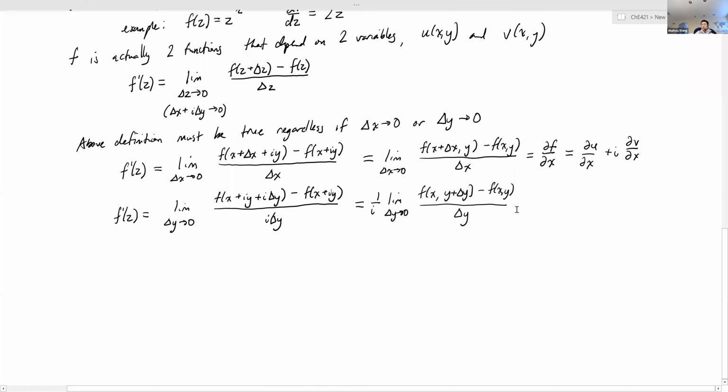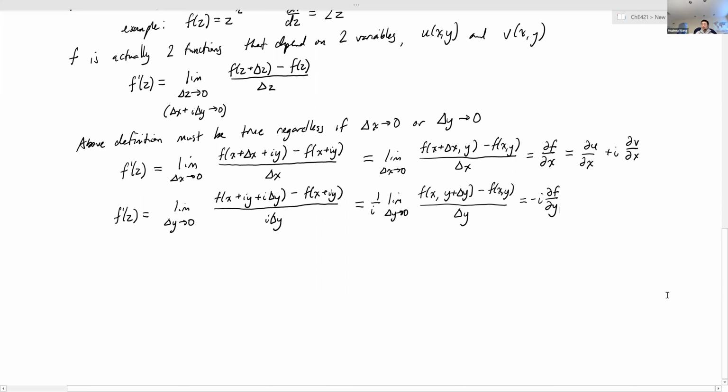And then just like before, the value of this limit right here is the partial of f with respect to y. One over i is just negative i, right? You can multiply the top and bottom by i and you'll convince yourself that that's true. Okay, so 1 over i here is just negative i.